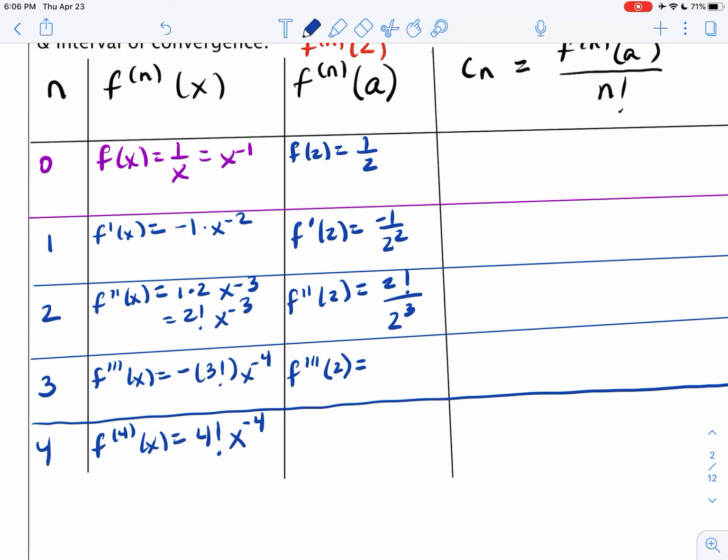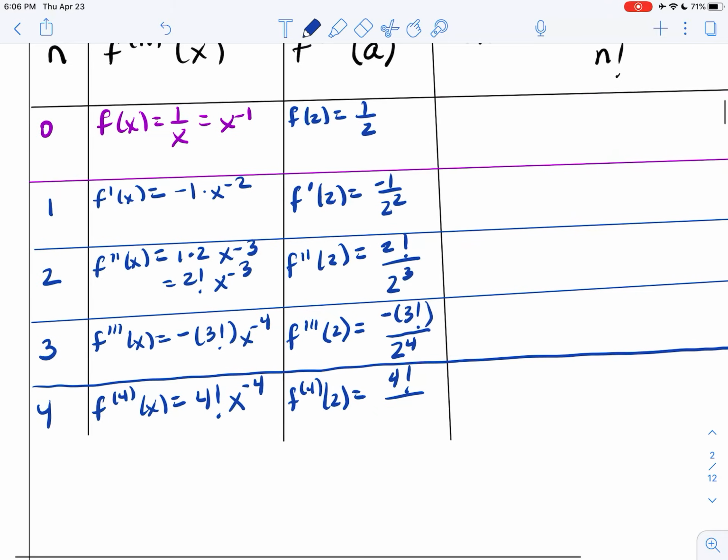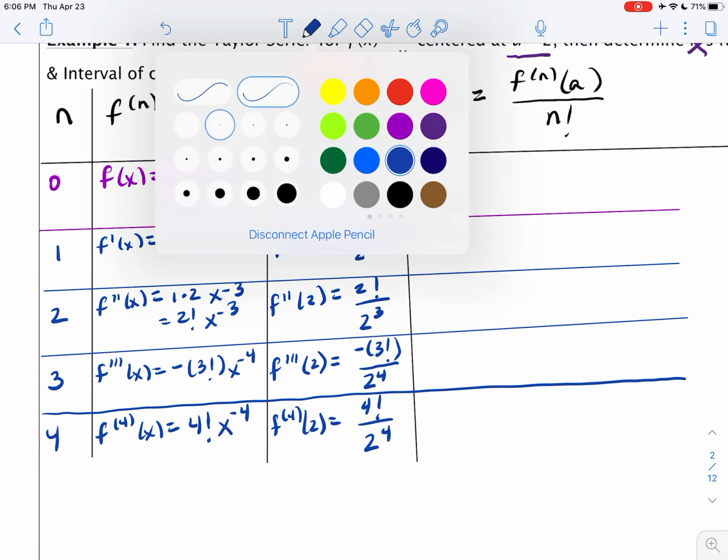And f triple prime, or the third derivative evaluated at 2, is going to be negative 3 factorial over 2 to the 4th power. And the fourth derivative evaluated at 2 is going to be 4 factorial over 2 to the 4th.